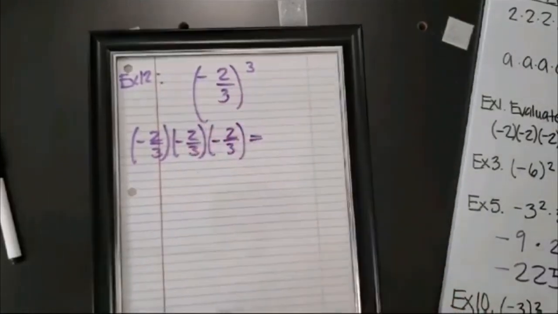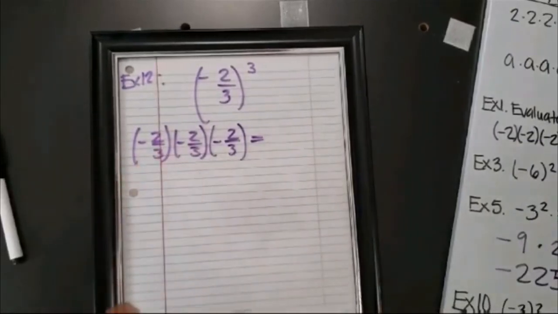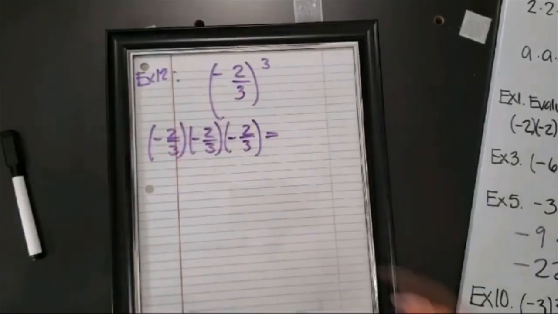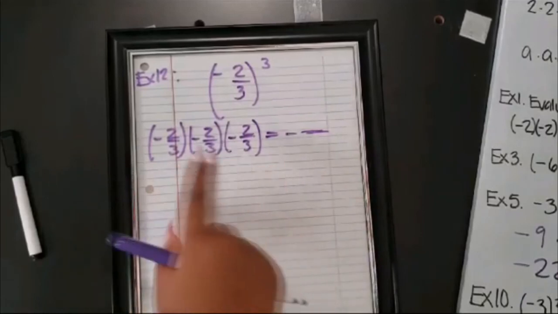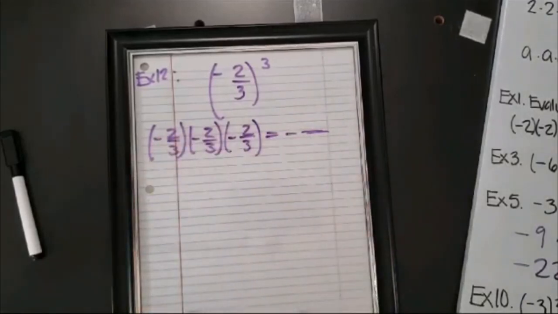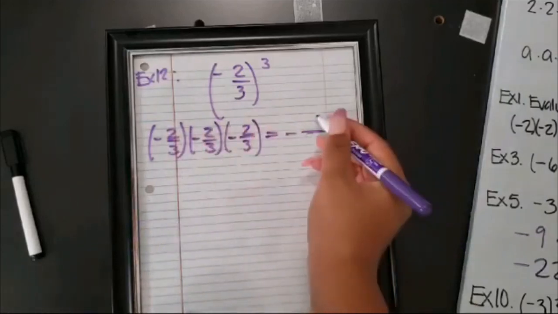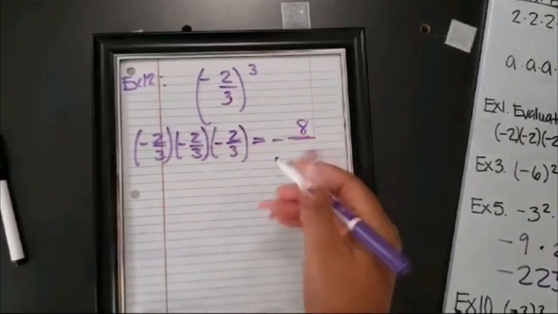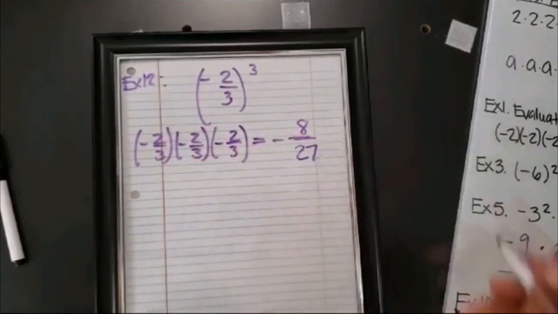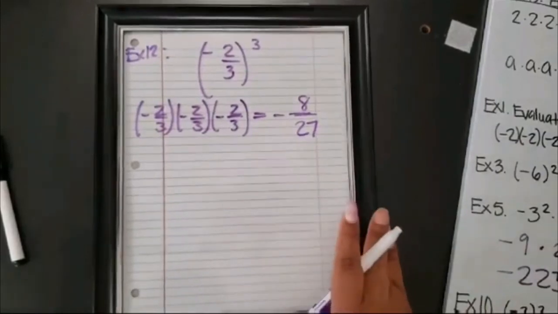Okay, so we have a negative times a negative times a negative, which is 3, which is an odd number. So our ending answer is going to be negative. Because we are multiplying fractions, we can multiply straight across. So we have 2 times 2 times 2, which is 8. We have 3 times 3 times 3, which is 27. All right. So this is the correct answer.